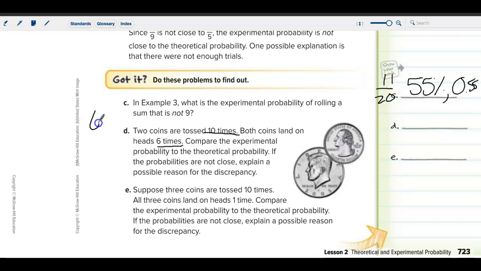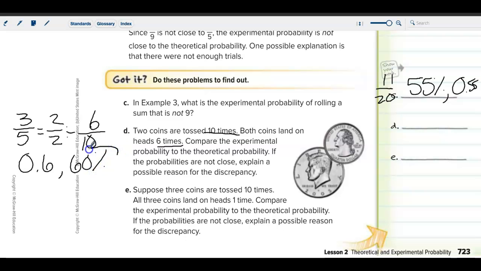So 6 out of the 10 times were landed on heads. If we reduce this, we could reduce it by 2, and we would get an answer of 3/5. 3/5 as a decimal is 6/10, which is the same as 60%.